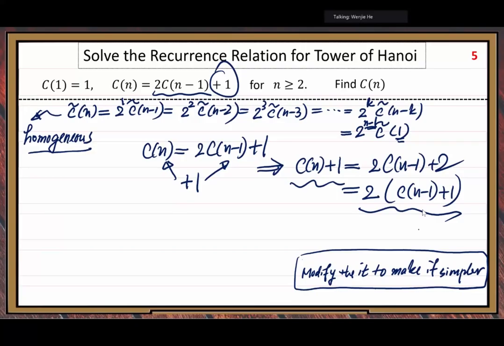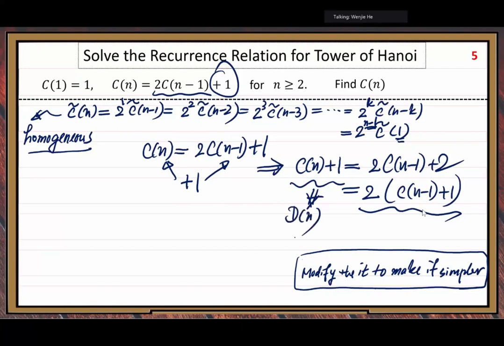Some of you may still not feel quite comfortable because you still see plus 1 here. You are still not convinced that the constant term disappeared. But don't worry. Can you replace this C of n plus 1 by another auxiliary function, d of n?